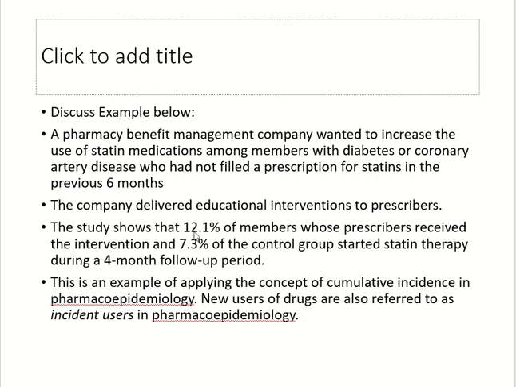The study showed that 12.1 of the members whose prescribers received the intervention and 7.3 of the control group started statin therapy during the 4 months of follow-up. And it is said that this is an example of applying the concept of cumulative incidence in pharmacoepidemiology. New users of a drug are also referred to as incident users in pharmacoepidemiology.